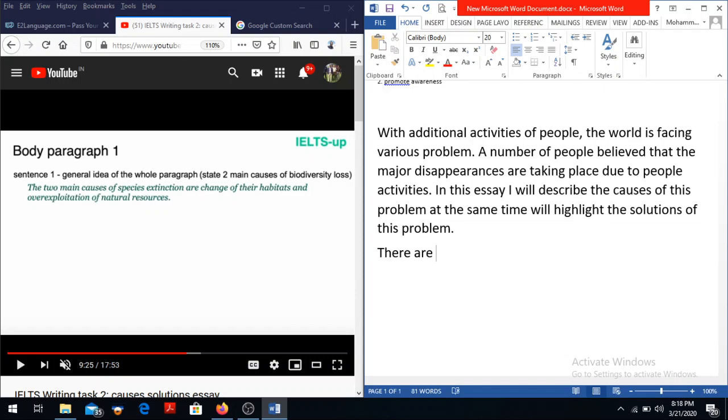There are several causes of species extinction.